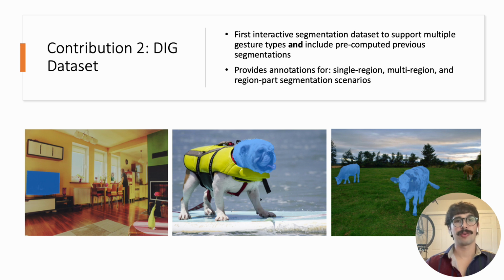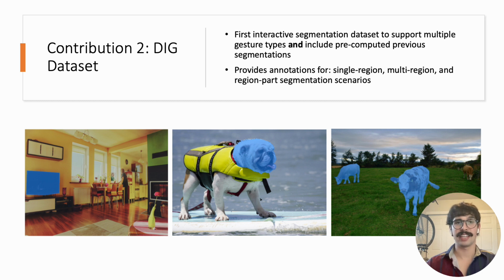To support our novel task, we introduce the DIG, or Diverse Interactive Gesture Dataset, which is the first interactive segmentation dataset that provides annotations for multiple gesture types, such as clicks, scribbles, lassos, and rectangles, and also includes pre-computed imperfect previous segmentations to aid in efficient algorithm training.